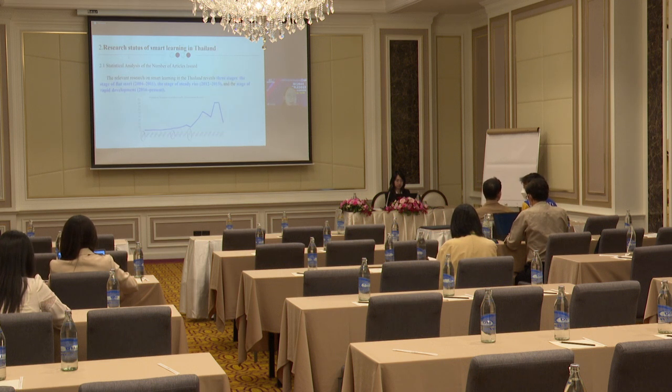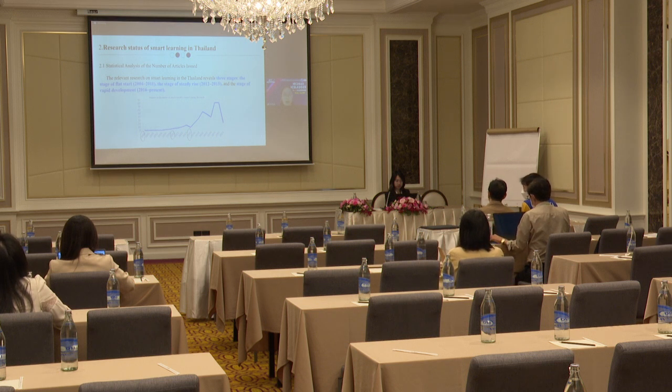Secondly, let's discuss the research status of smart learning in Thailand. The graph shows us the statistical analysis of the number of articles issued in Thailand from 2004 to 2023. We can see there are three stages.